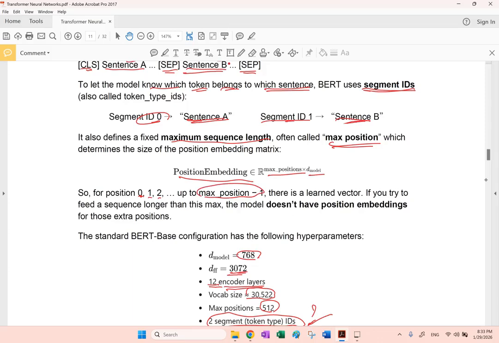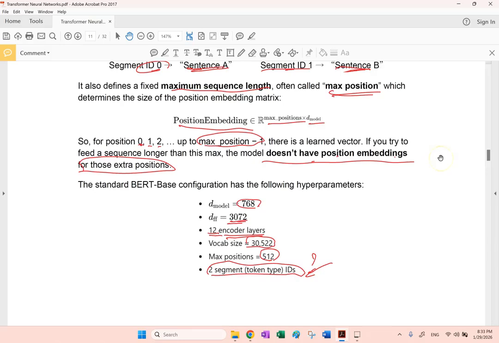You could learn it or you could use those sines and cosines. But if you wanted to go beyond max position, say your sequence cannot have more than 500 tokens, then it will not give you any position embedding for those extra positions. So you could not encode their positions. So you better keep it within that limit. That's another parameter that you had, and that was 512. So you could only go to 512 positions for being encoded, no more.